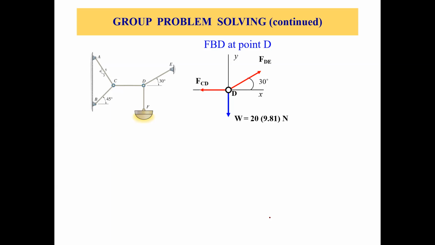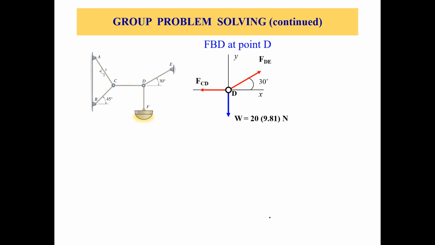We have three forces: FDE, FCD, and FDF, which is the weight of the lamp. The weight is 20 kg times 9.81, gravity, which gives us the weight in newtons. So we already know FDF.